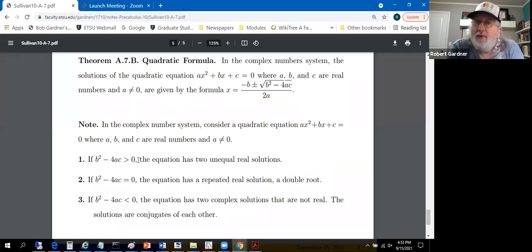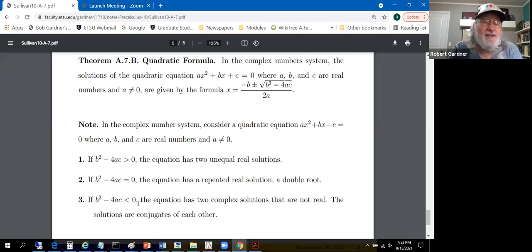That's how you used it in the real setting. It has a repeated real solution, a double root, a root that counts twice in some sense, when b squared minus 4ac equals 0. But in these two cases, you took the square root of a positive real number, not a problem, or the square root of 0, well, that's 0, not a problem.